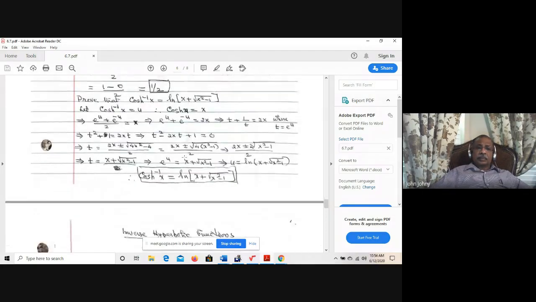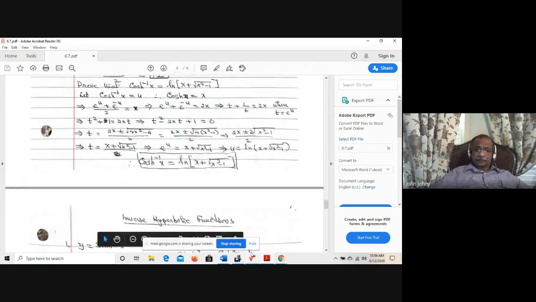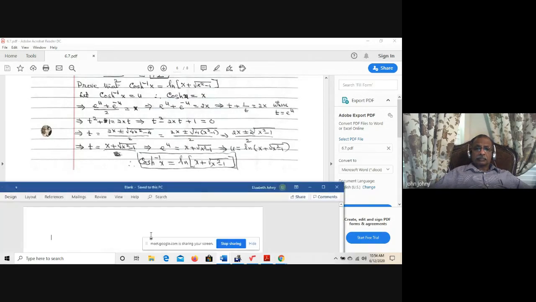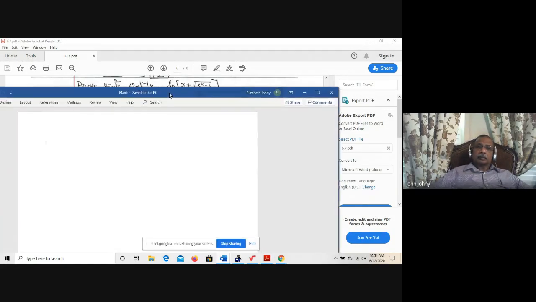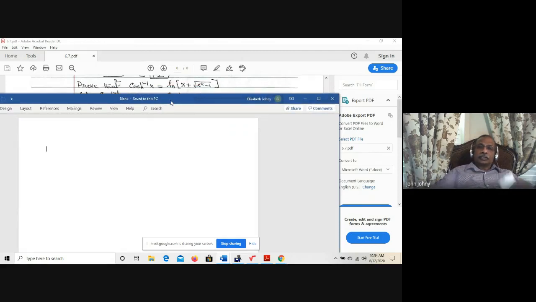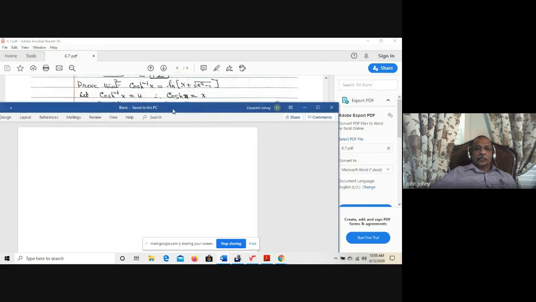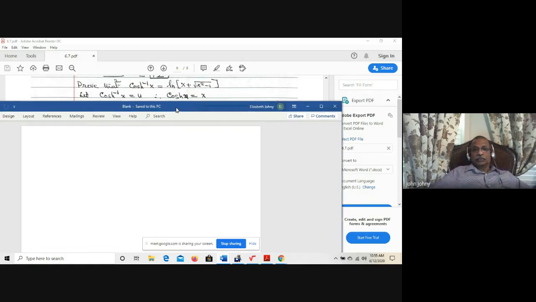Next, prove that cosech inverse x is equal to natural log of x plus square root of x squared minus 1. Let cosech inverse x be equal to u. So cosech u is equal to x.